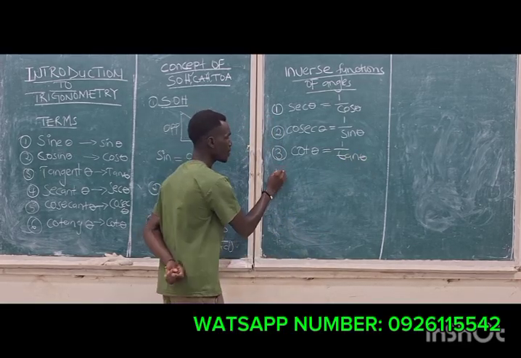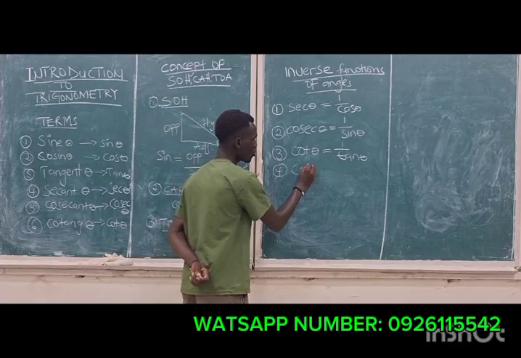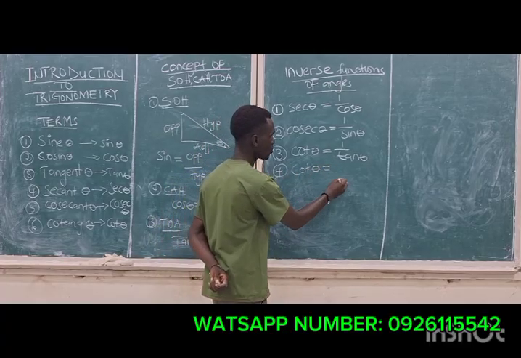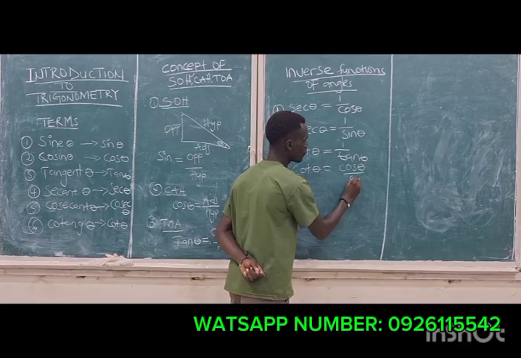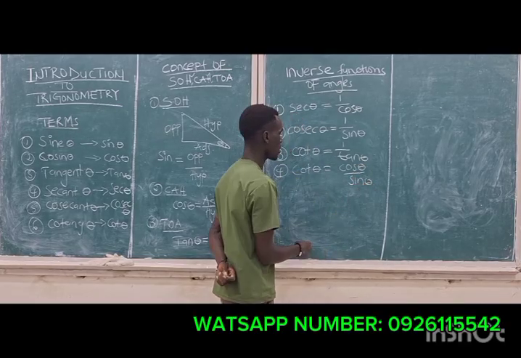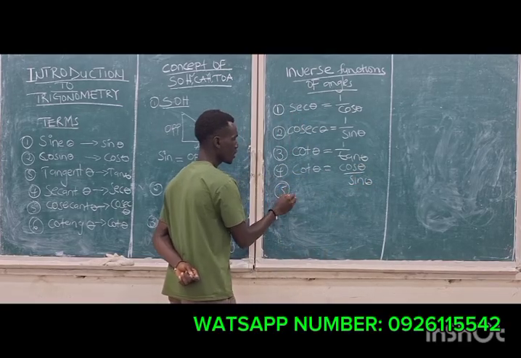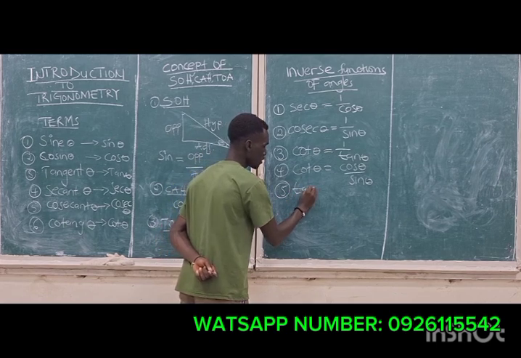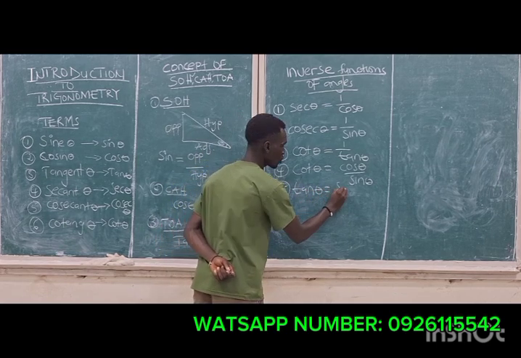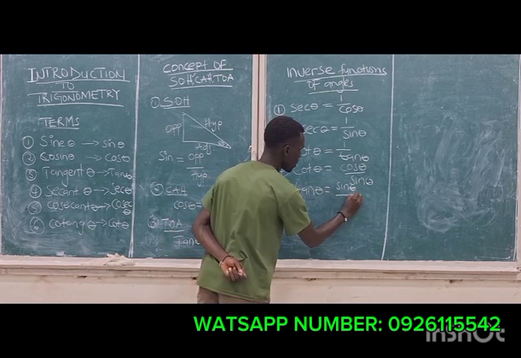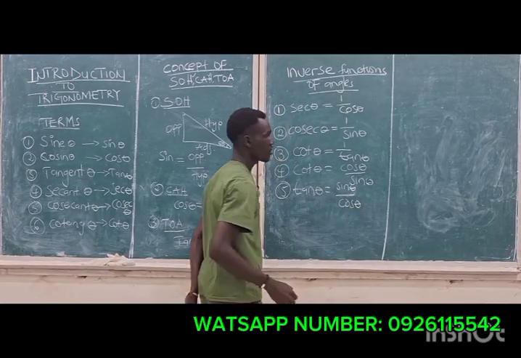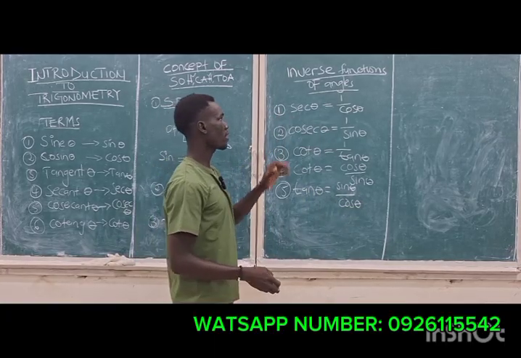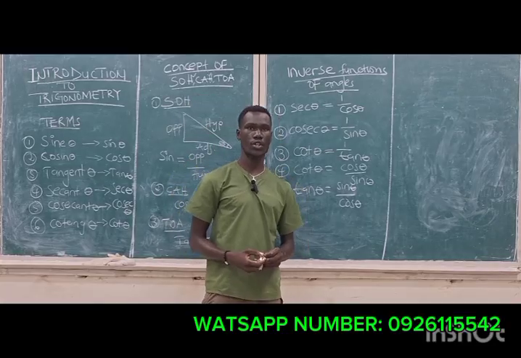And also we have again cot theta is equals to cos theta all over sine theta. Finally, we have tan theta is equals to sine theta all over cos theta. So these are the inverse functions of the angles that you should remember.